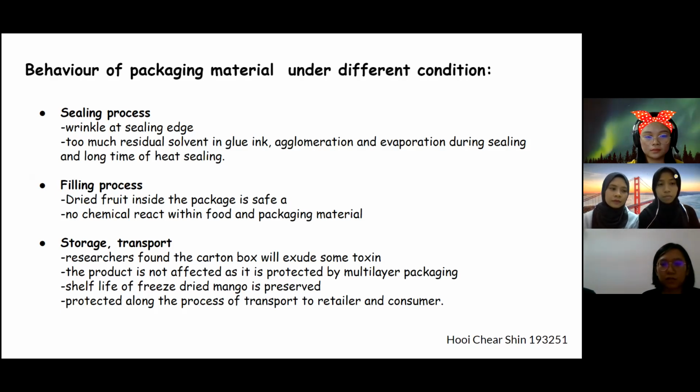This is because there is too much residual solvent in the glue and ink, agglomeration and evaporation during heating, and a long time of heat sealing. During the sealing process, the dried food inside the package is safe, and there is no chemical reaction between the food and the packaging material.